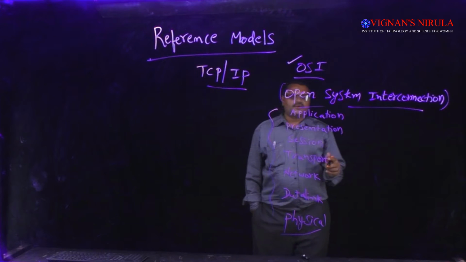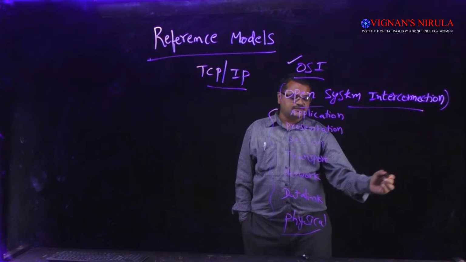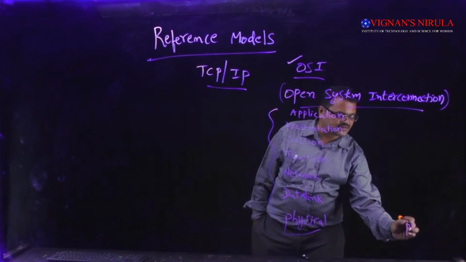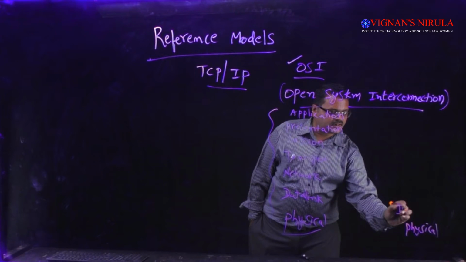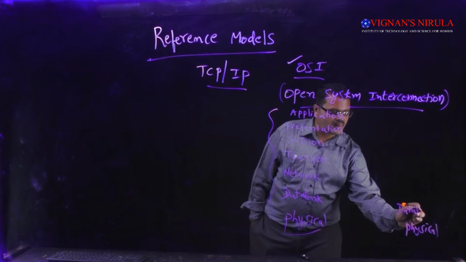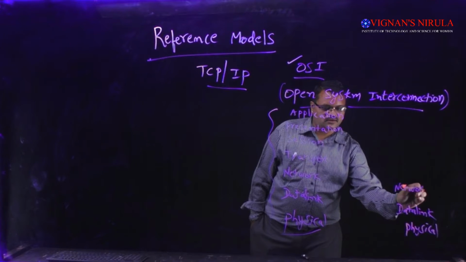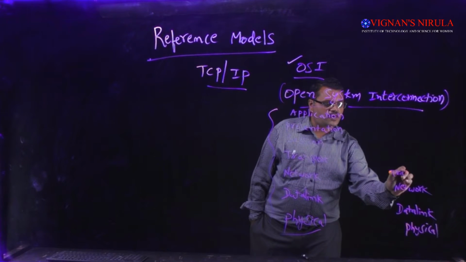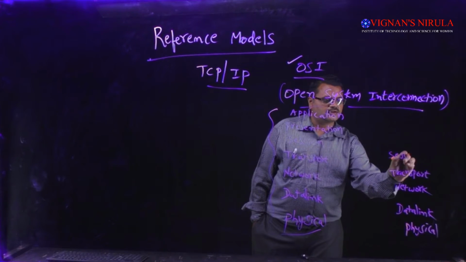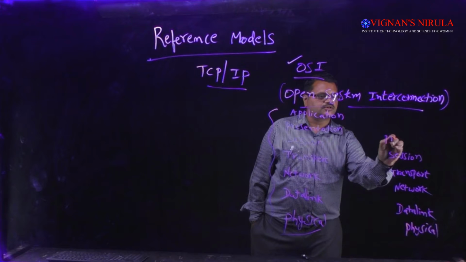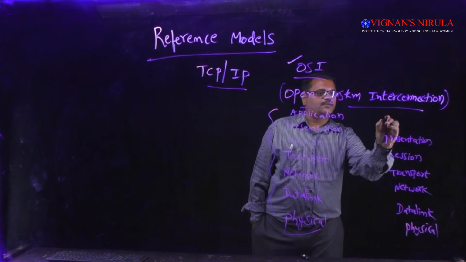Suppose a bit 1 is transmitted from sender to the receiver. At the receiving side also we have 7 layers: physical, data link, network, transport, session, presentation and application.